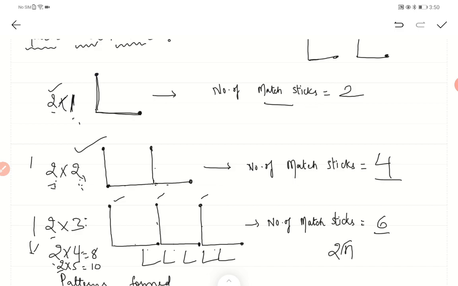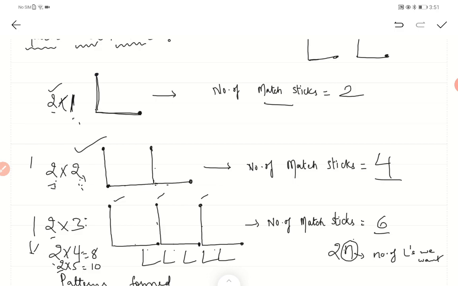So this n is called the variable. This variable can be any number. It can be 1, it can be 2, it can be 3, anything. So if I want L, n is representing what? The number of L's we want to draw, we want to pattern.